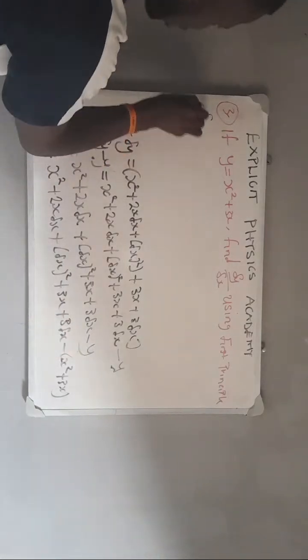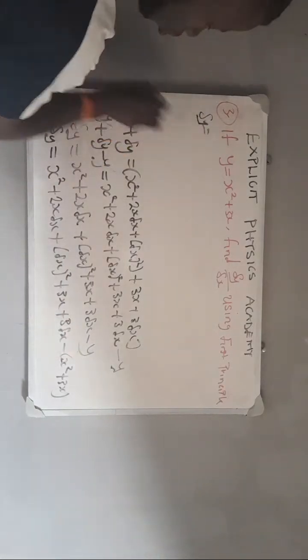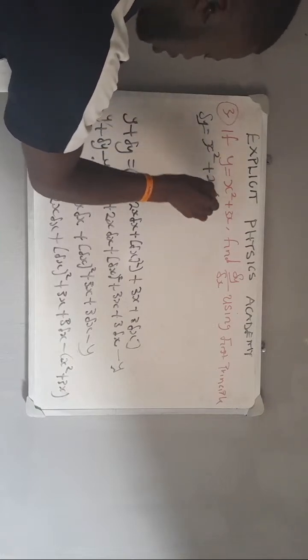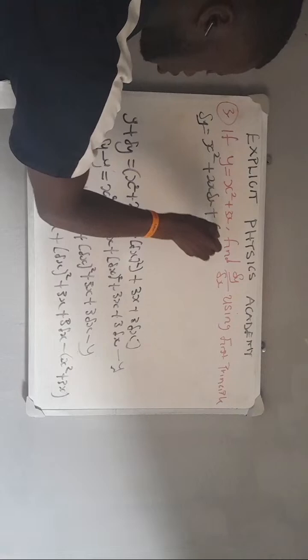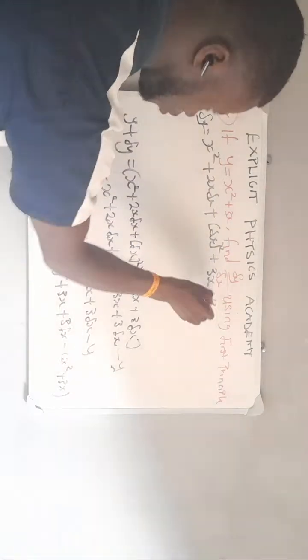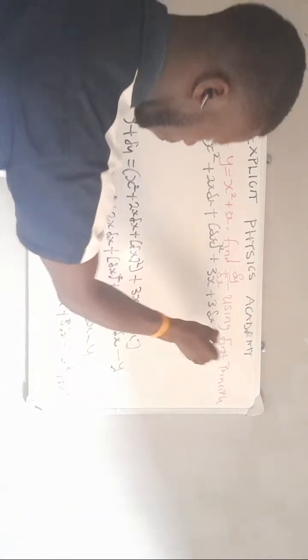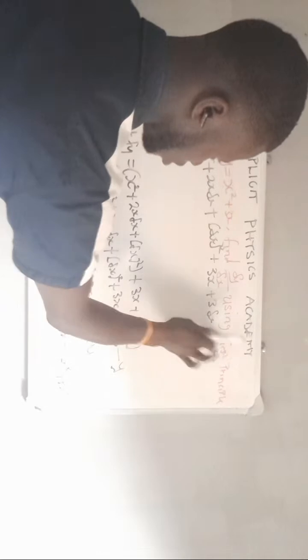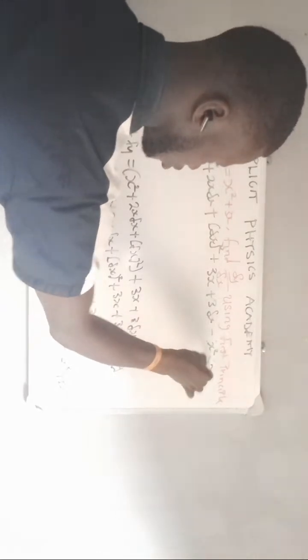Okay, from here we're going to get del y equal to x squared plus 2x del x plus del x squared plus 3x plus 3 del x minus x squared minus 3x, because the minus will affect everything in the function there.